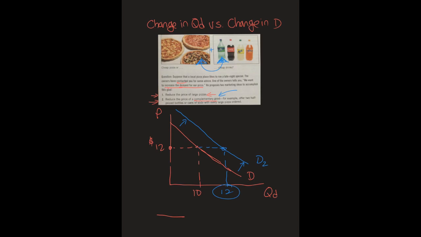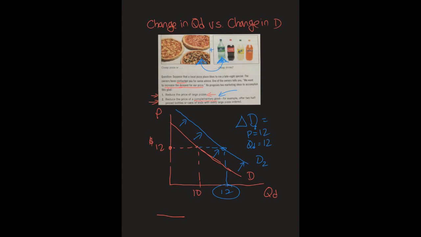So this case illustrates a change in demand, which basically, even at the given price of $12, we have a higher quantity demanded of pizza without effectively changing the price. So again, a product's own price cannot shift the demand curve, as we saw this shift occur here.